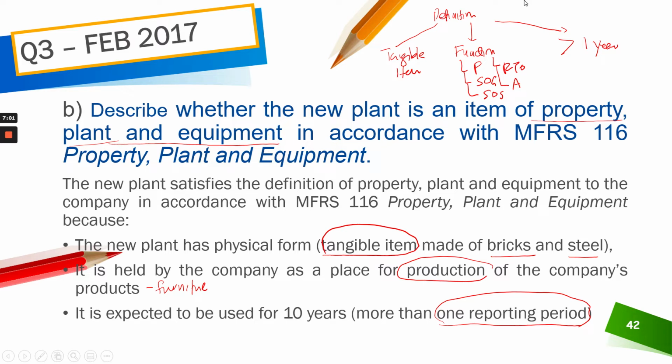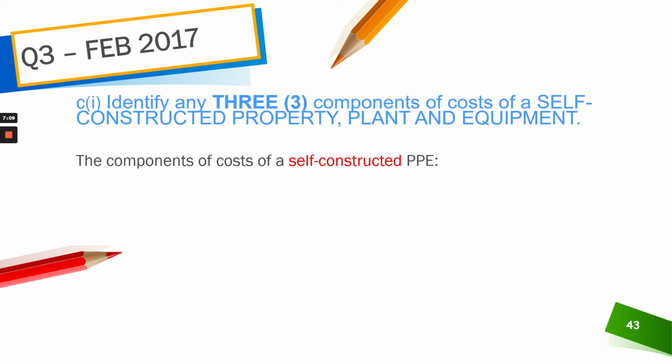Right. Let's look at the next part of the question. The next part of the question is to identify the three components of cost of a self-constructed property, plant, and equipment. Remember, the plant here is not what you buy, but is a self-constructed PPE.